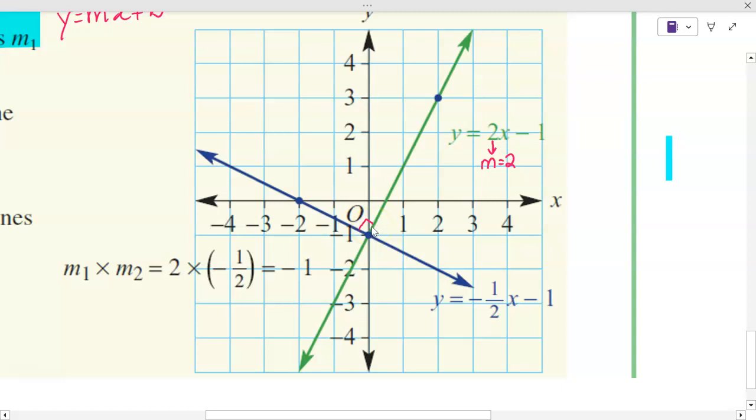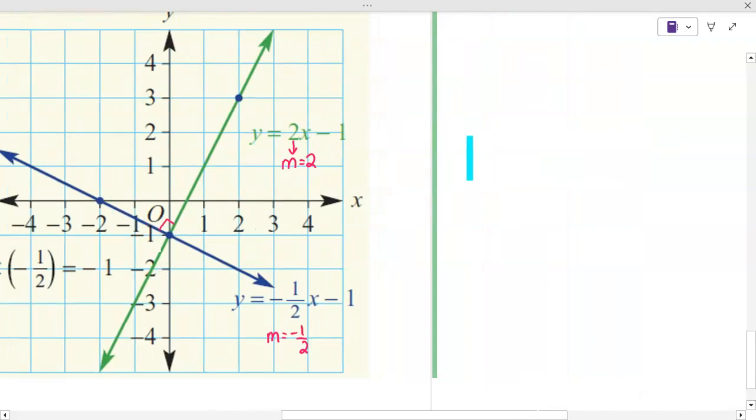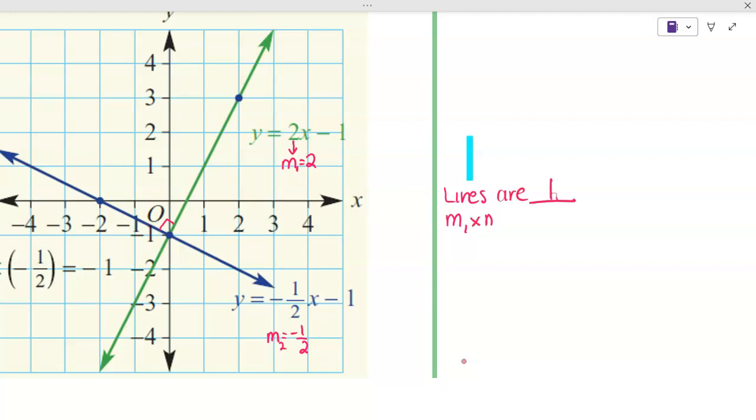So the gradient of that blue line, our m, is minus a half. Using the rule we had, if we call this top one m1 and this bottom one m2, our rule said if our lines are perpendicular, then one gradient times another gradient will equal minus 1.